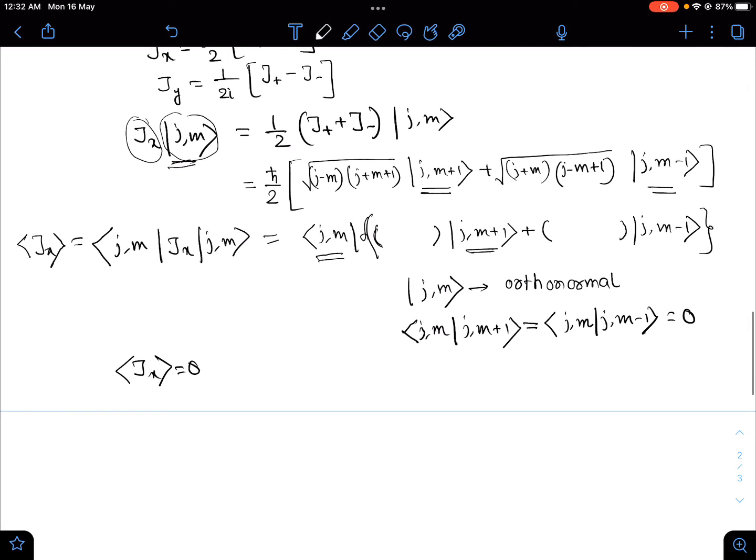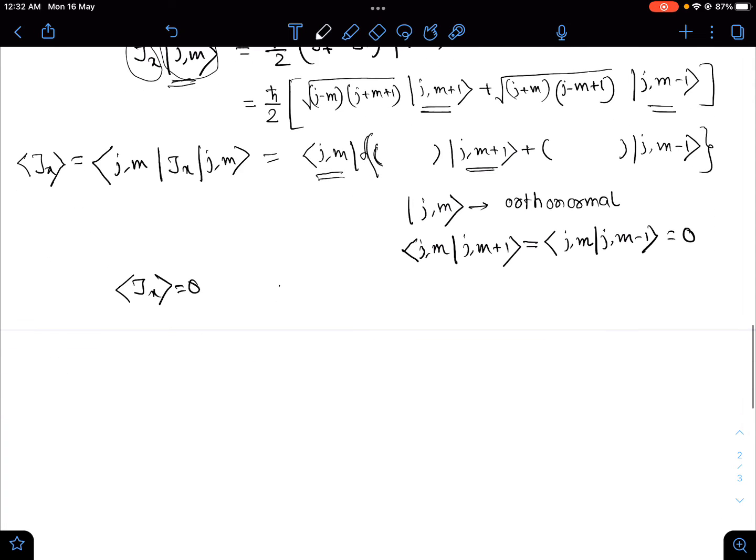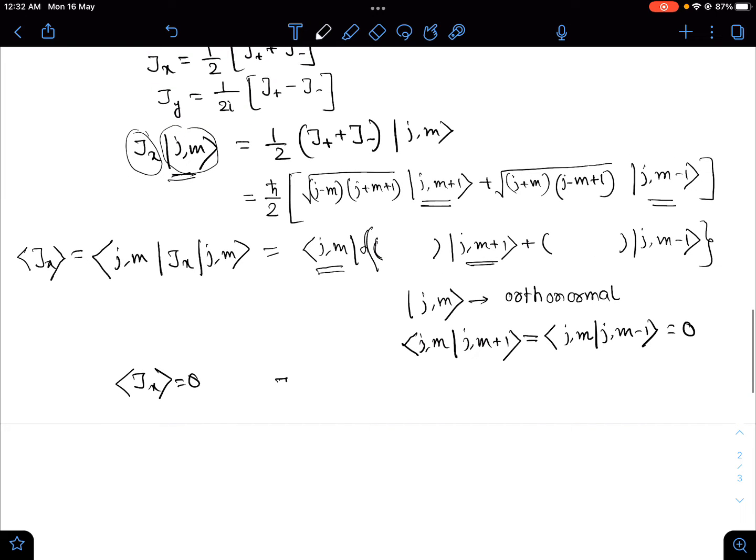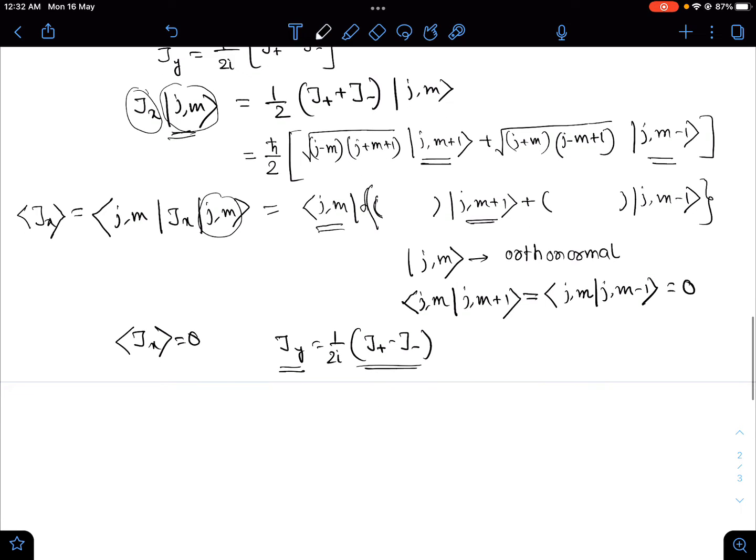Similarly, if you calculate Jy, we can write Jy as 1/2i (J plus minus J minus), and if we take the expectation value ⟨jm|Jy|jm⟩, then similarly, due to the orthonormality of these |jm⟩ states, we get this to be 0.